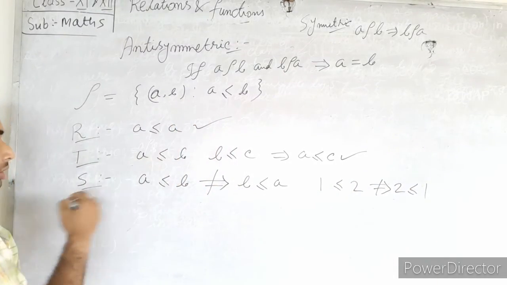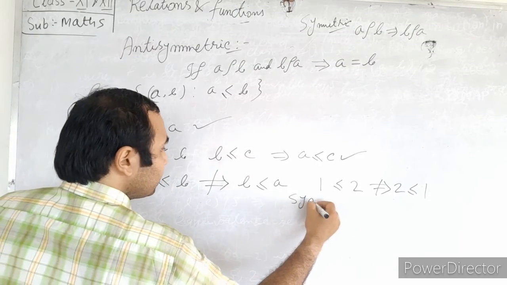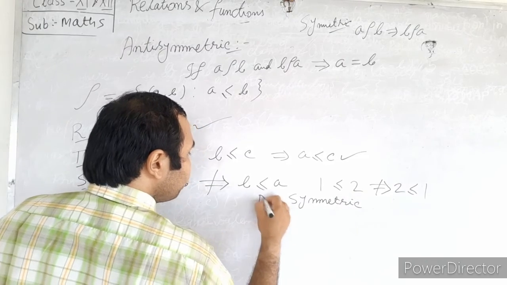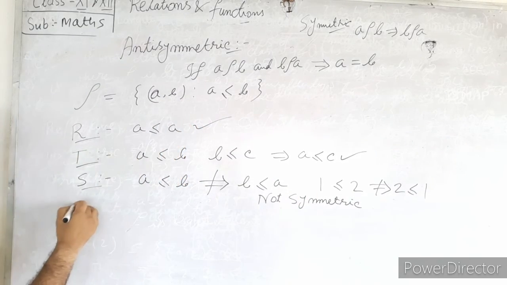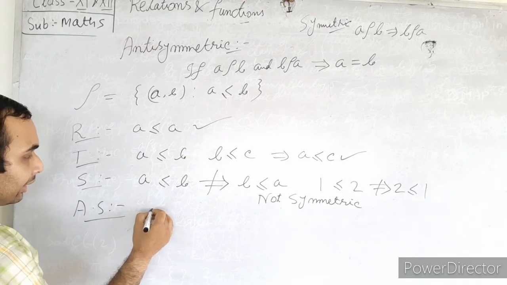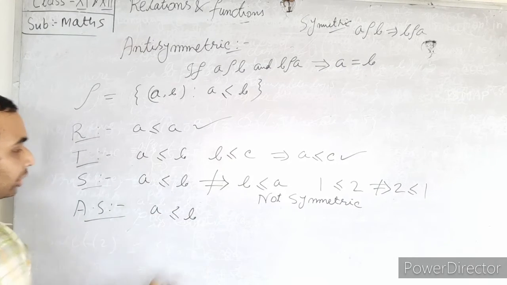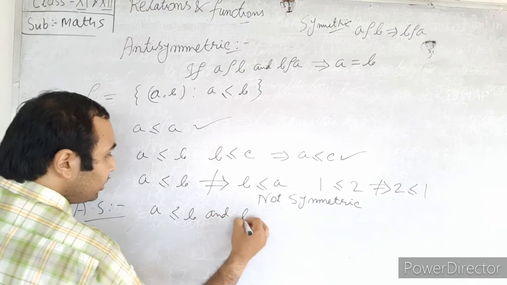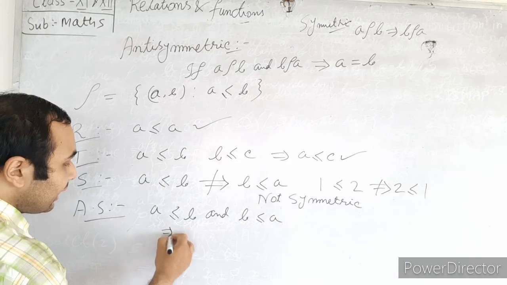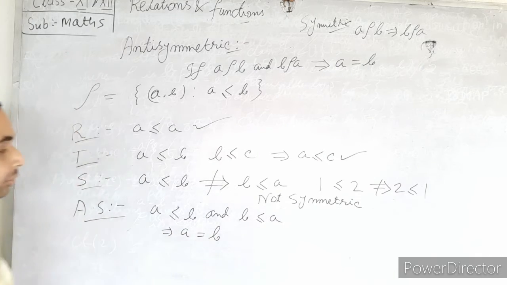So symmetric doesn't hold; it is not symmetric. But antisymmetric: if A is less than or equal to B and B is less than or equal to A, then obviously A equals B.